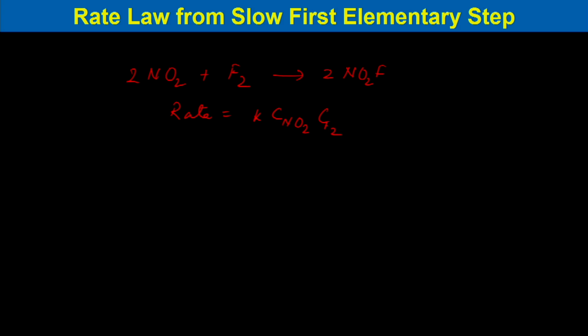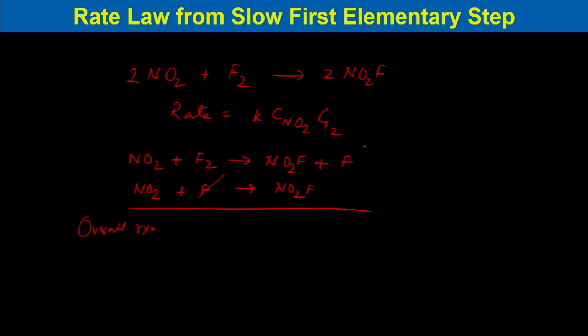The proposed mechanism for this we can write: NO2 reacts with fluorine, forming NO2F plus F, then F reacts with NO2 to form NO2F, and the overall reaction, if we sum it up, the intermediate will cancel out and we will have twice NO2 plus F2 forming twice NO2F.